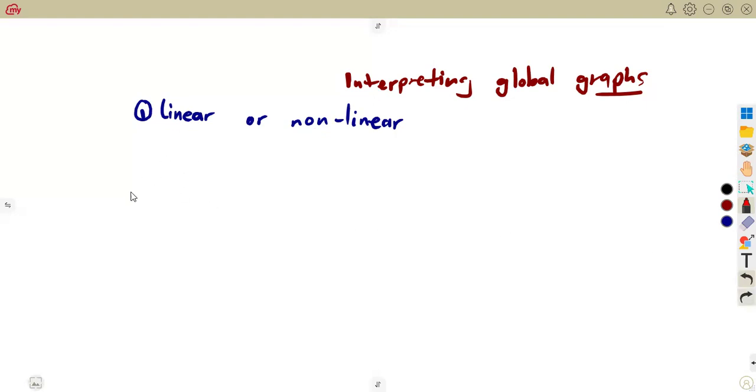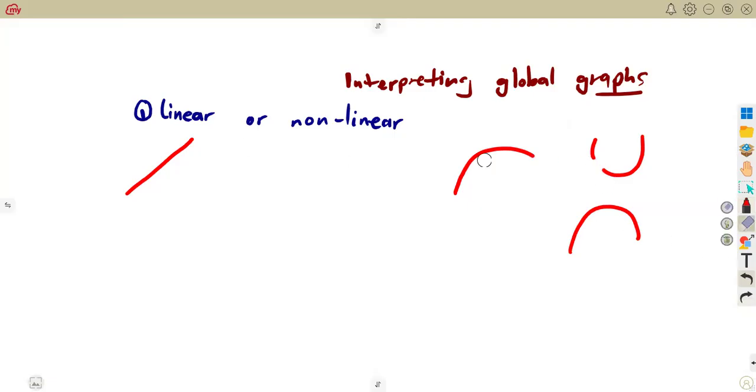If we have a straight line like this, and we are saying something is not a straight line, then how is it? It is in the form of a curve. It can be this way, it can be this way. It's no longer a straight line. It's now a curve. So that is the condition that you will need to understand between these two.